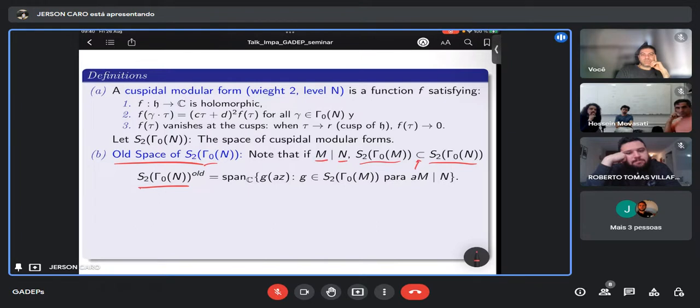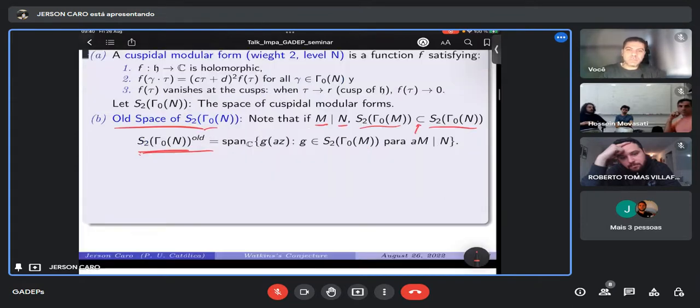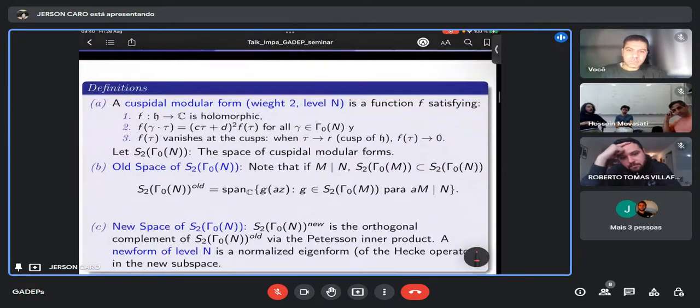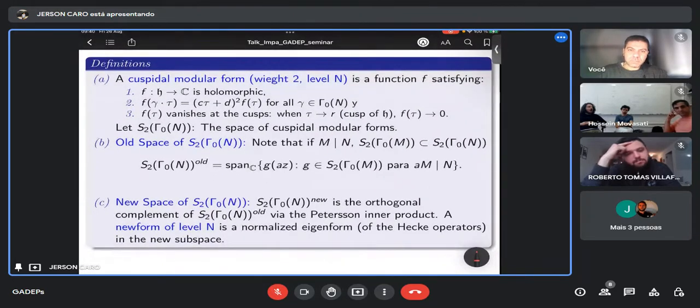So in particular, we define the old space as the functions that have a smaller level. And finally, just a definition, I want to define what is a newform.